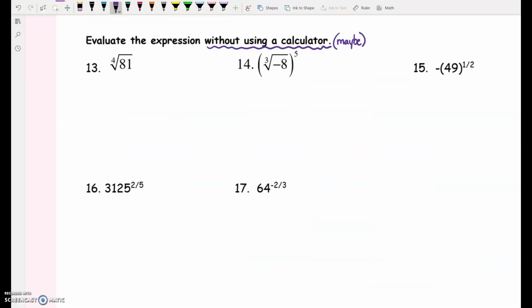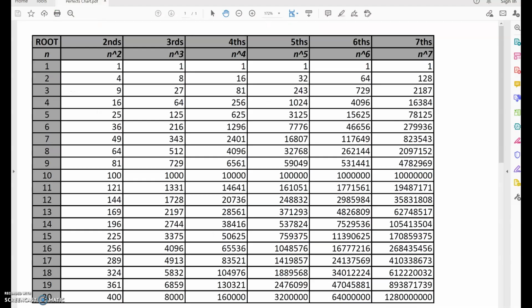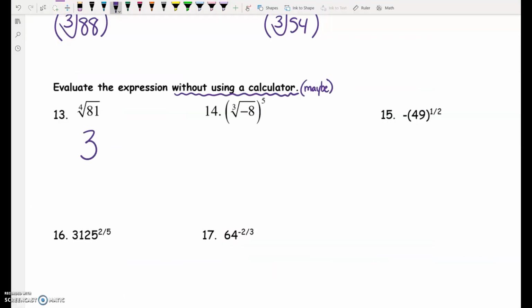So on this example, it's asking us for the 4th root of 81. So if you look at this chart again, the 4th root, go to the 4ths column, find 81. Do you see 81 in the 4ths column? And now trace that all the way over to the left. What is the 4th root of 81? 3. The 4th root of 81 is 3. So you can do this without a calculator if you have a perfects chart to use.